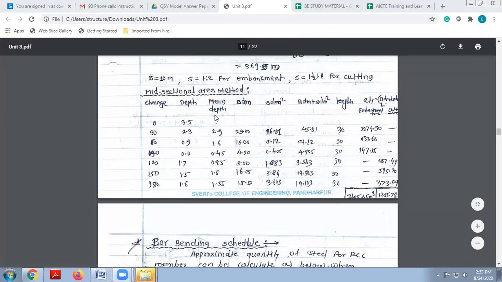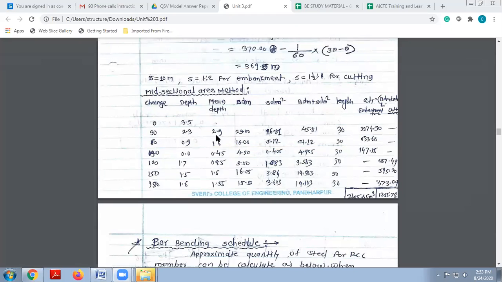So depth you have calculated, then from the depth you can calculate the mean depth as you can take the average of both, that is 3.5 plus 2.3, average will be 2.9, then 2.3 plus 0.9, the average becomes 1.6, 0.9 to 0, average you can take, that is 0.45, 0 plus 1.7, average becomes 0.85. So likewise you can calculate the mean depth.